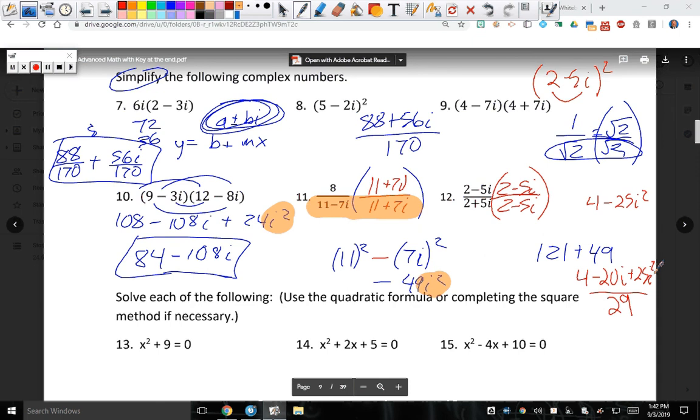You're just distributing. So it'd be 4 minus 25, which is a negative, what, 21? Negative 21 minus 20i all over 29. And yes, you could simplify it out to this if you wanted to.